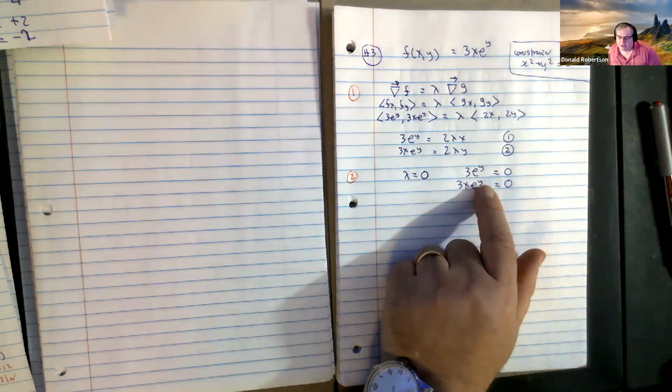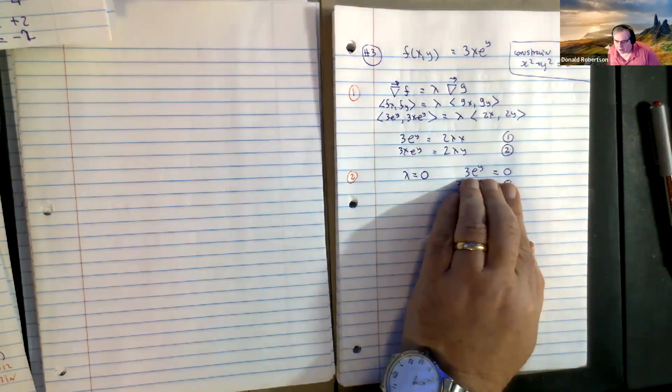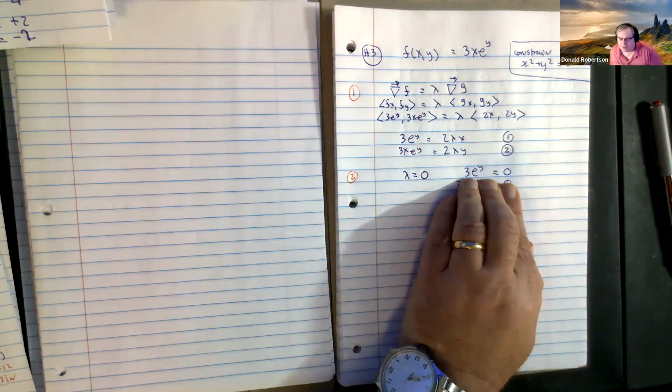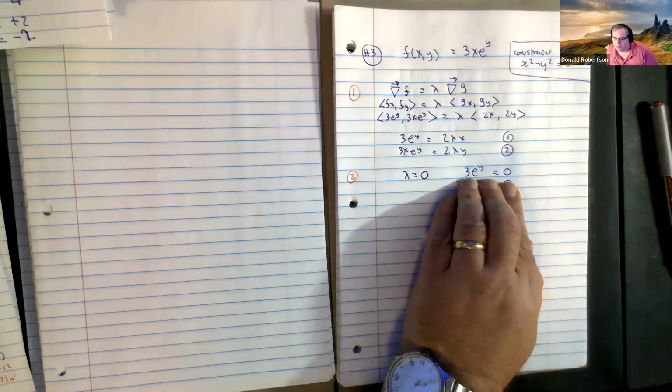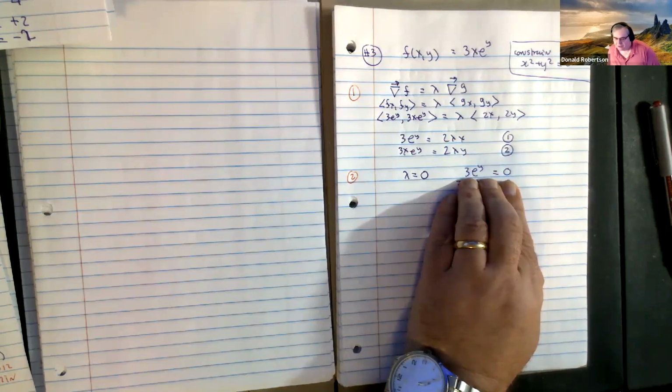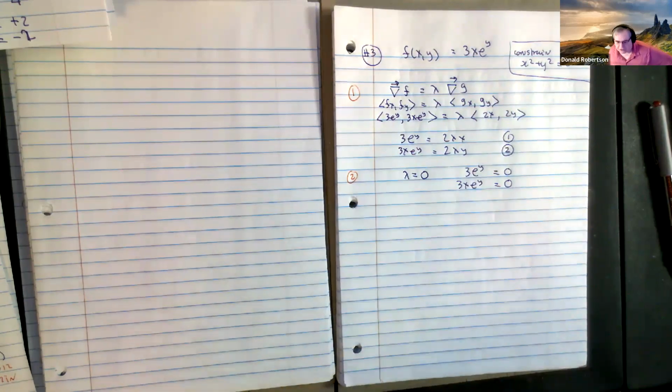And I can tell you right now, there is no value of x and or y that is going to make 3e to the y equals 0. Would you agree 3e to the y is never equal to 0, right? It's always slightly positive at the best of times. So that is good news, because it means I don't have any solutions to worry about.